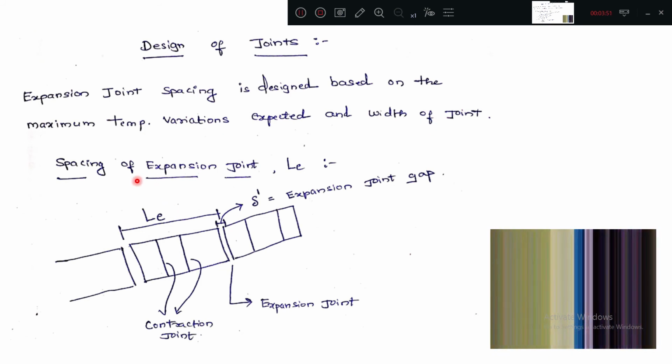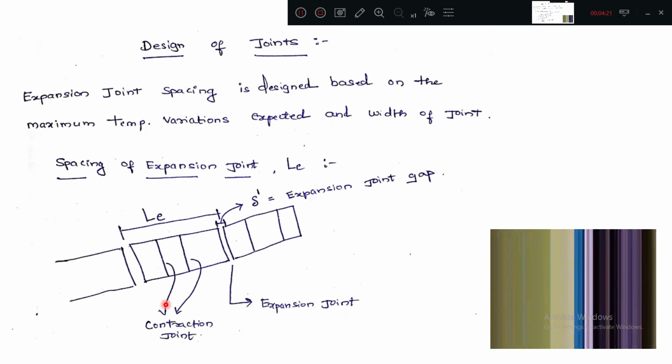So the spacing of expansion joint is denoted by LE, that is from this joint to this joint. This is called LE. This is one expansion joint. Can you see the red laser? Okay, thank you. This will be one expansion joint. From here to here, another expansion joint. This spacing is called LE, spacing of expansion joint.